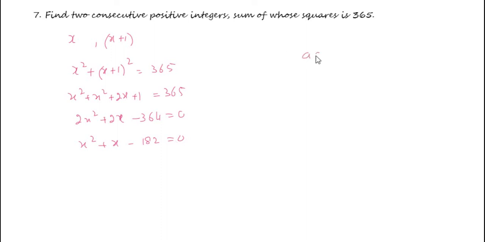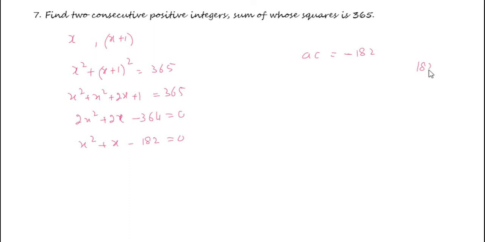The value of AC is equal to minus 182. Since it is minus 182, one factor is plus, one factor is minus. The middle term is plus 1x, coefficient is plus 1. So the larger factor is positive, the smaller factor is negative.